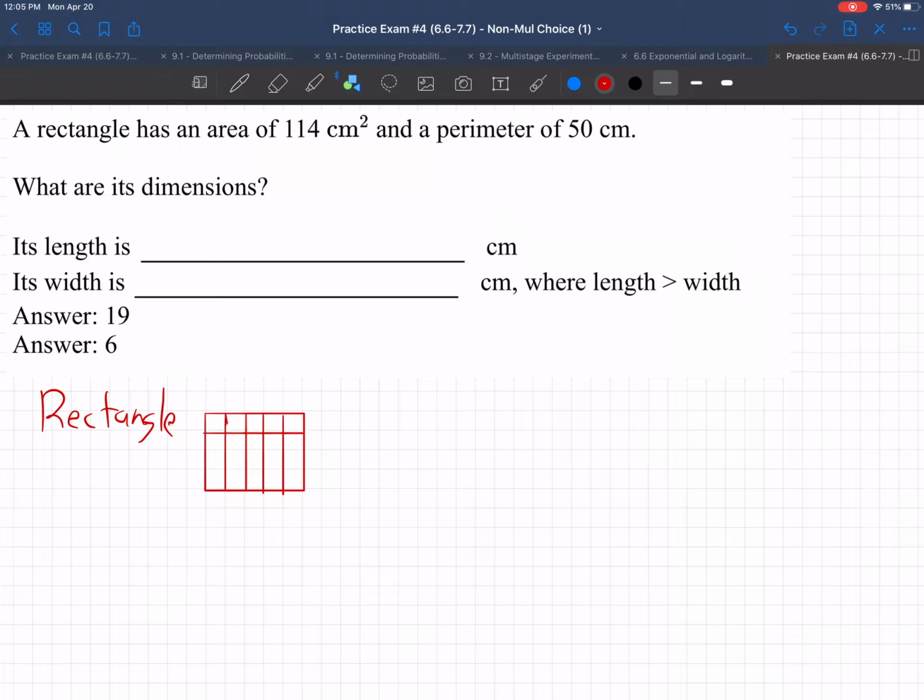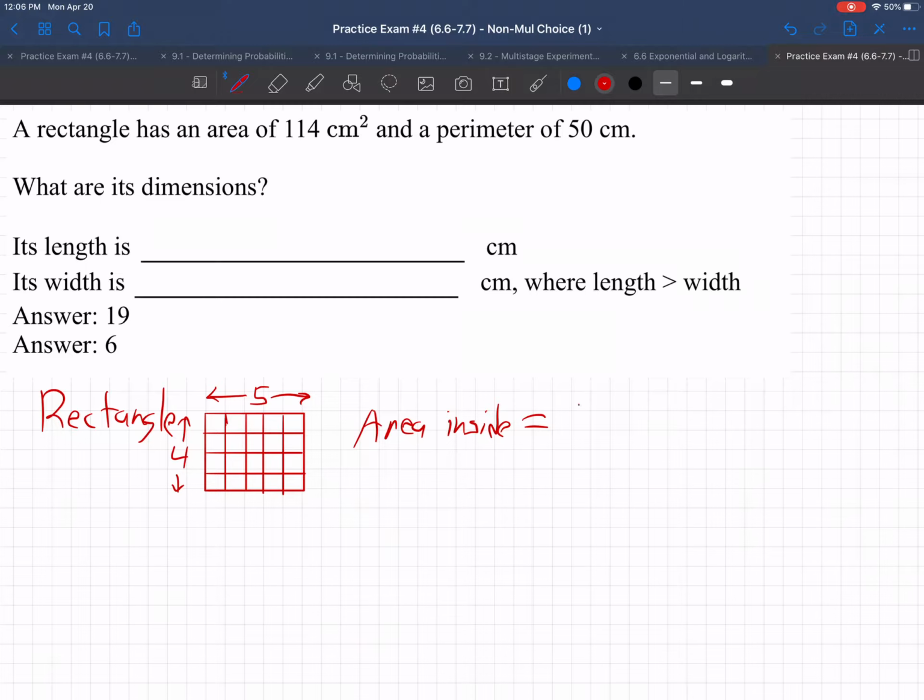And notice this rectangle is 4 squares tall and 5 squares wide, isn't it? So the area inside, how many squares inside?